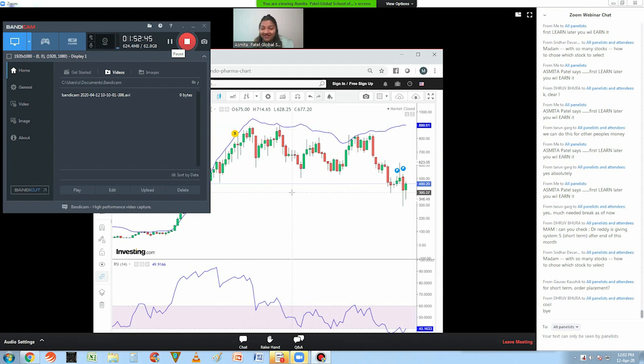No change in the input, everyone. It's going to be 14 only, because this RSI value is calculated based on a 14 period.